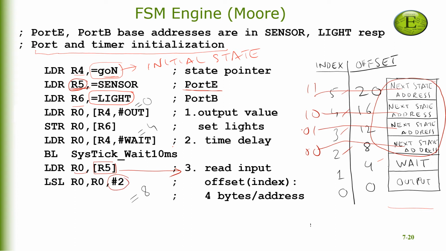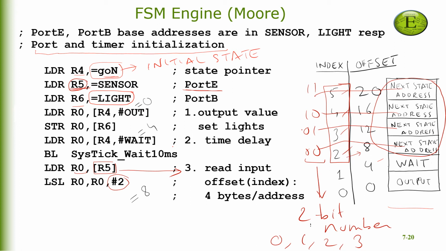And the reason is that this input is a 2-bit number. And if you convert this into decimal, this will be 0, 1, 2, and 3. And this corresponds to the indices also. But this is not an exact match. In fact, we have to add something to these indices, which is 2.